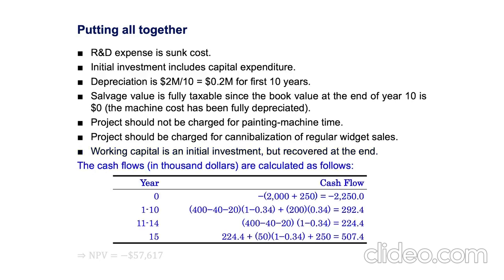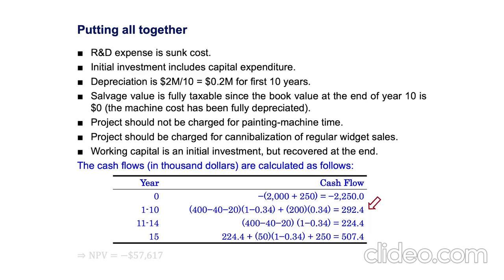Adding up the different pieces, we then have the cash flow of Turbo Widgets from year 0 to 15 in $1,000. In year 0, the cash flow is minus $2,000 capex plus $250 the working capital. That gives us minus $2,250,000.